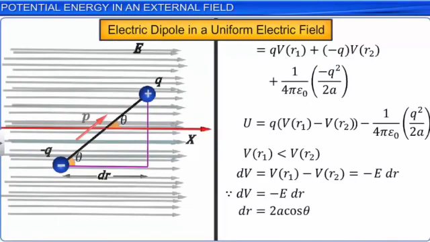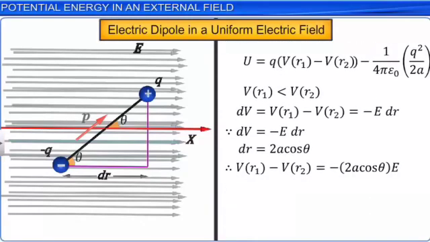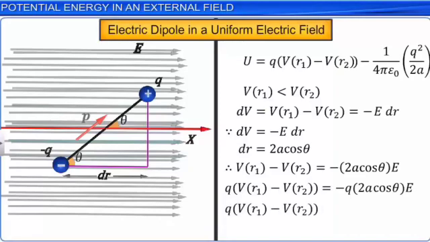Therefore, V of R1 minus V of R2 will be equal to minus 2a cos θ into E. Multiplying both sides with Q, we get Q into V of R1 minus V of R2 equal to minus Q into 2a cos θ into E. Hence, Q into V of R1 minus V of R2 can be written as minus 2aq cos θ into E.